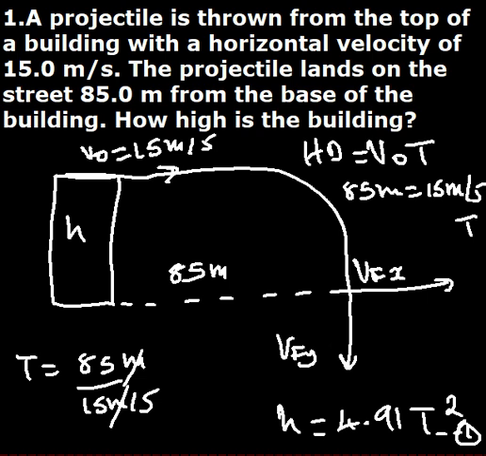The meters cancel, and 85 divided by 15 gives 5.7. That is the total time, and it will be substituted into the height equation.